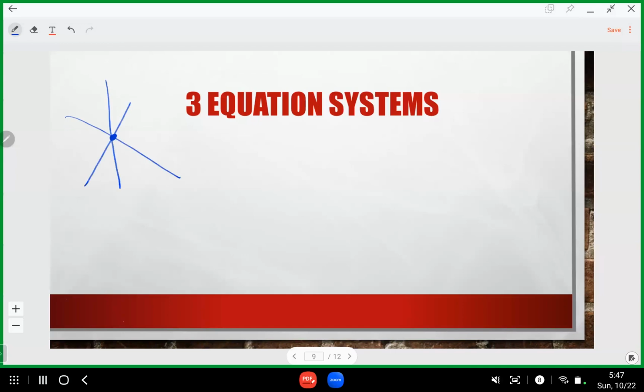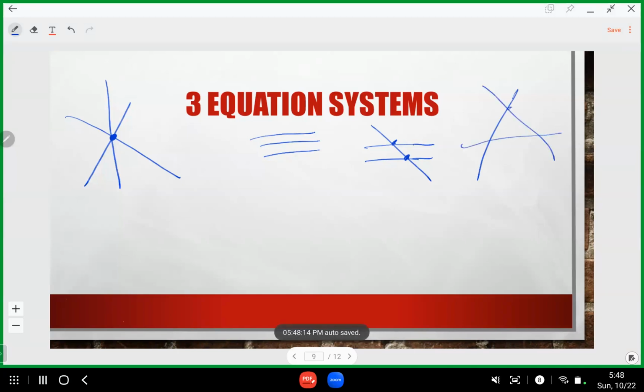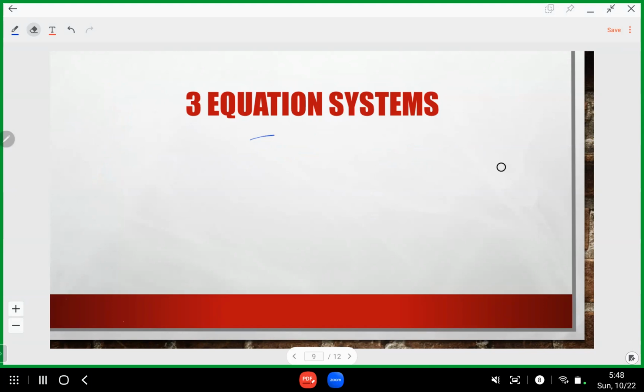You can also have no solutions, which is like this. This is also no solutions because they do not intersect at one single point, and it has to intersect at one single point. Also, something like a triangle, like this, intersects at three different points, so that also has no solutions. So this is solution, this is no solution. Self-explanatory.